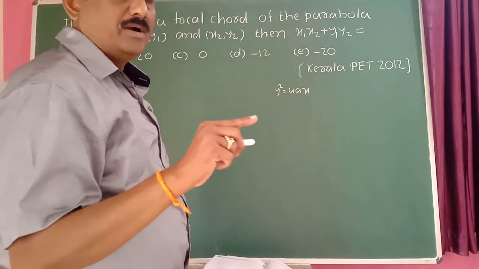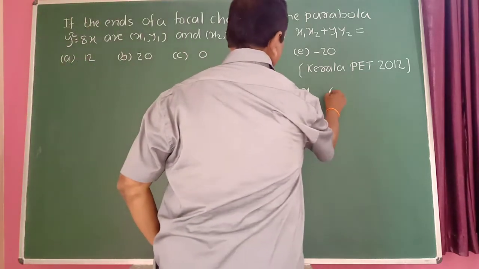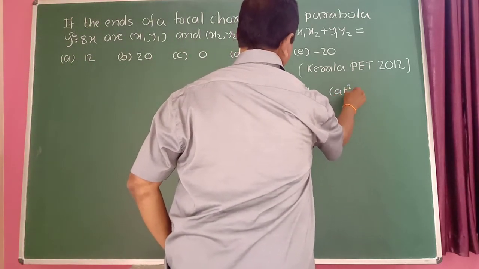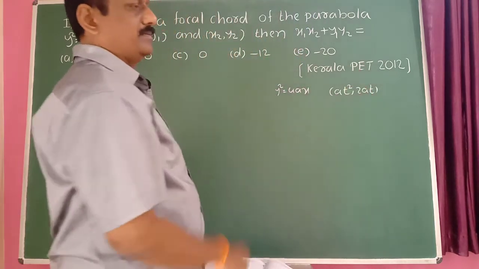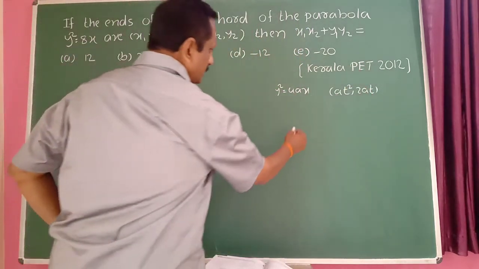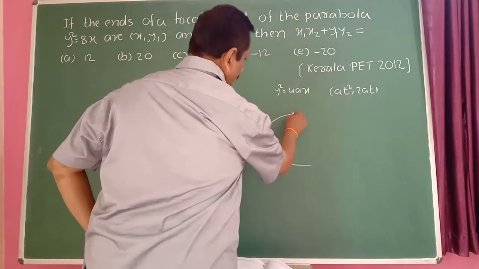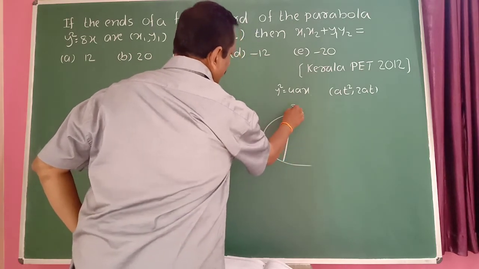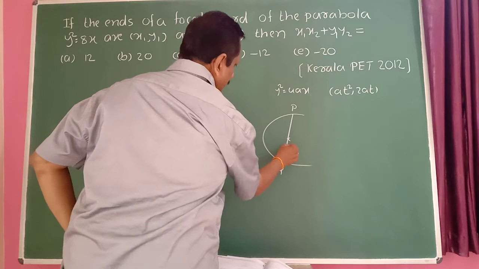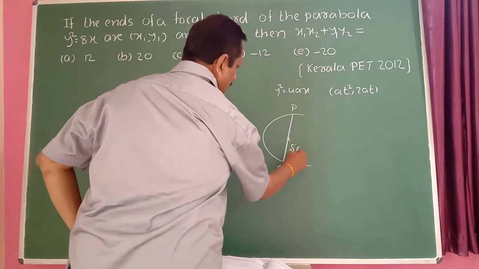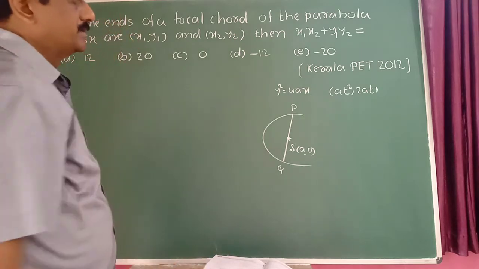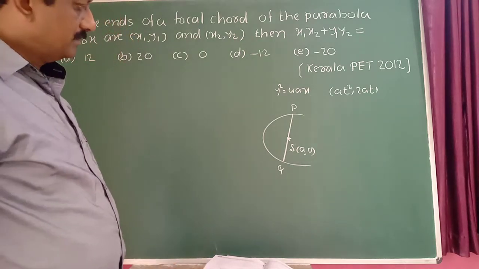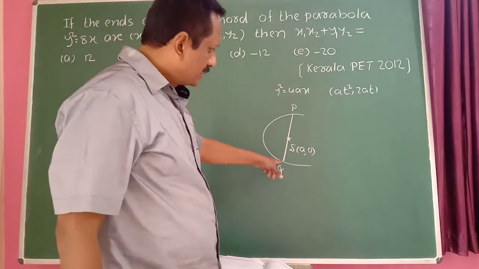So any point on the parabola is of the form (at squared, 2at). In this case it is a focal chord, which means a line passing through the focus S, (a, 0). PQ is the focal chord.